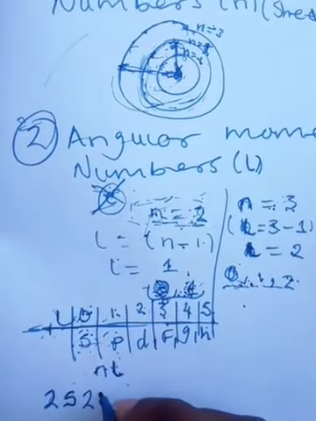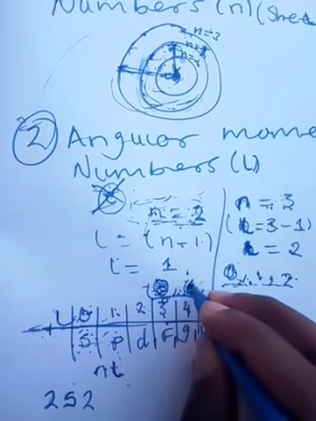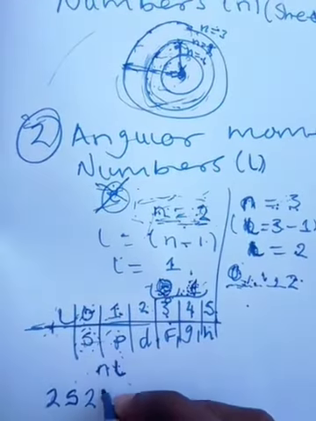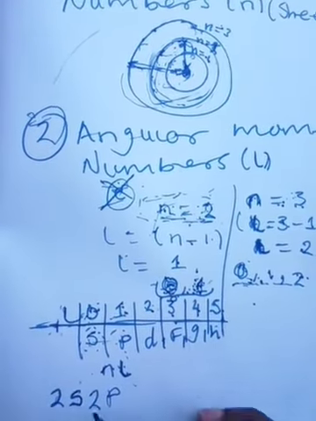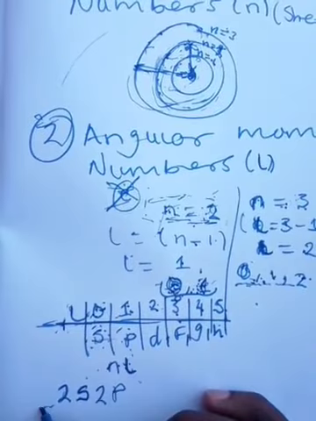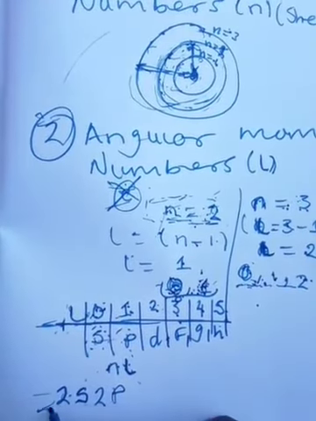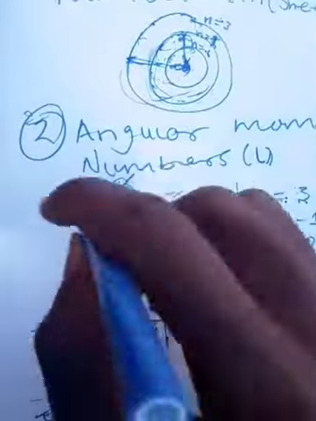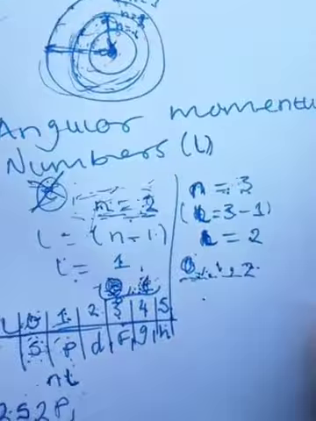Then here, don't write 1. Which letter is representing 1? It is P. So this is a subshell. Have you seen how it is making sense at the moment?